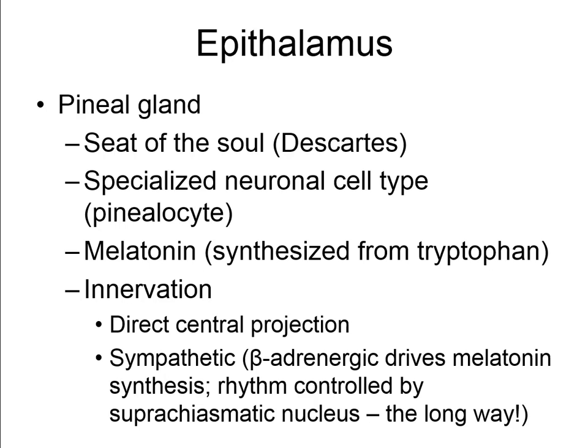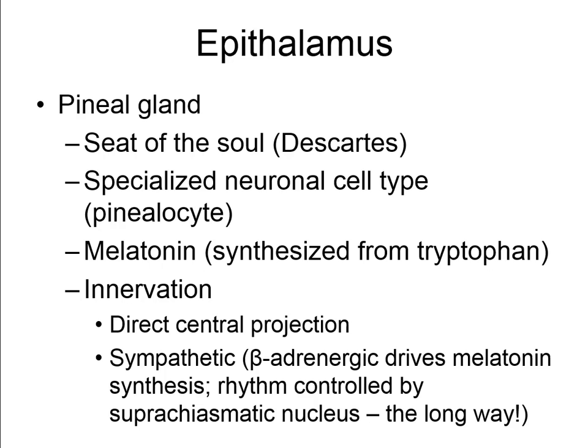It is a direct central projection that comes from hypothalamic structures, that's why we talk about it here, but it also has a sympathetic innervation. Okay? So the sympathetic nerves that innervate it, where do they come out of the nervous system? Spine.